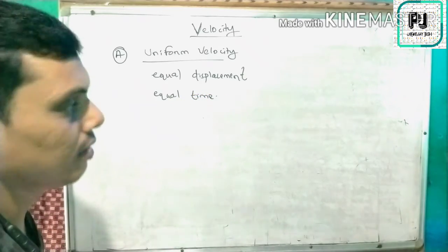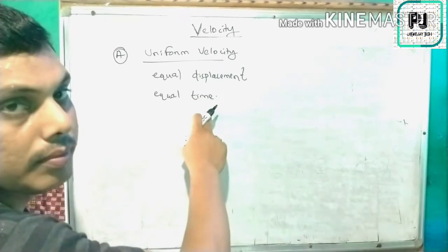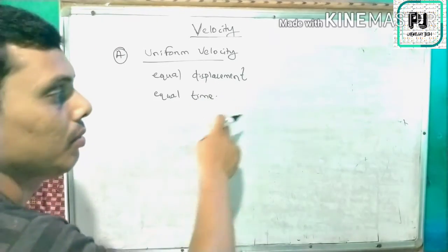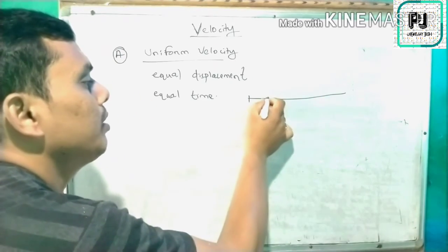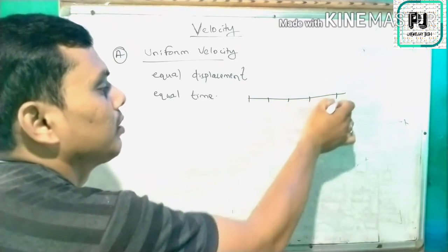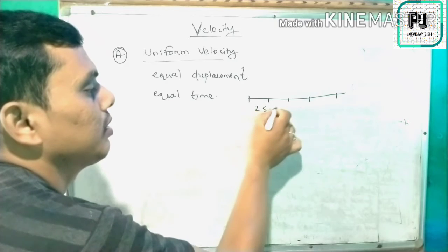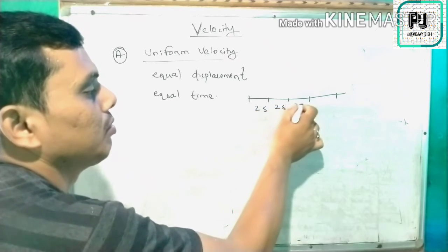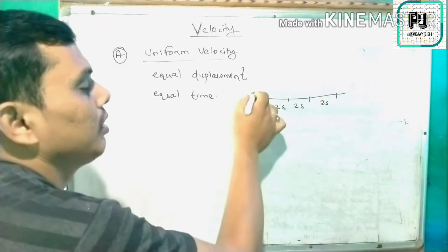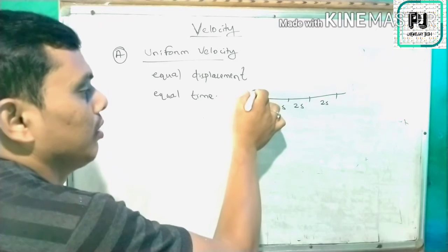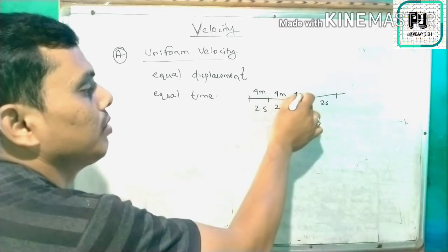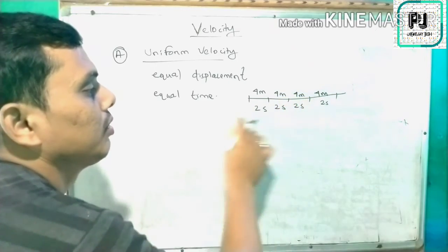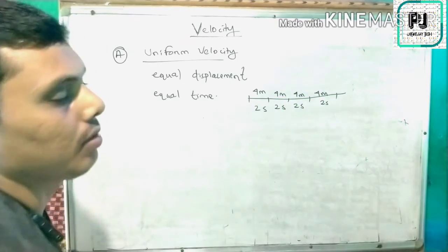Suppose I have taken a body, and in every 2 seconds, from this to this 2 seconds, and from this to this 2 seconds, it will cover 4 meters. This also covers 4 meters, this also 4 meters. So you see that in every 2 seconds it covers 4 meters.